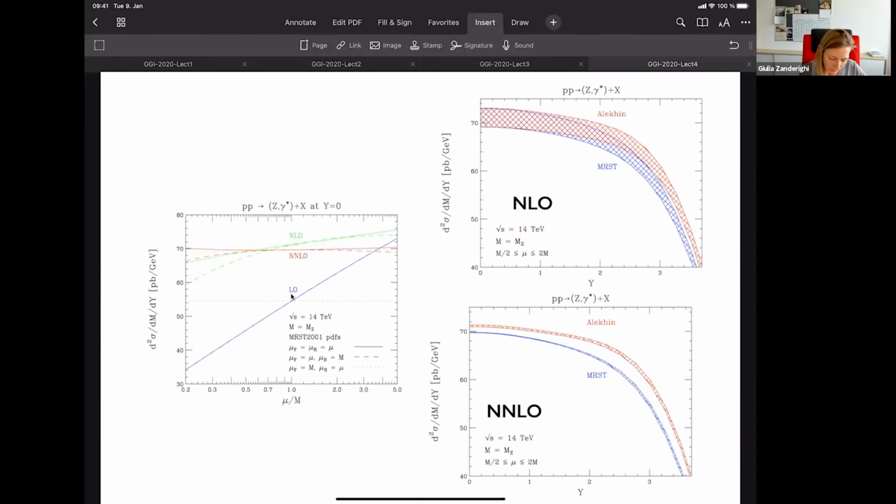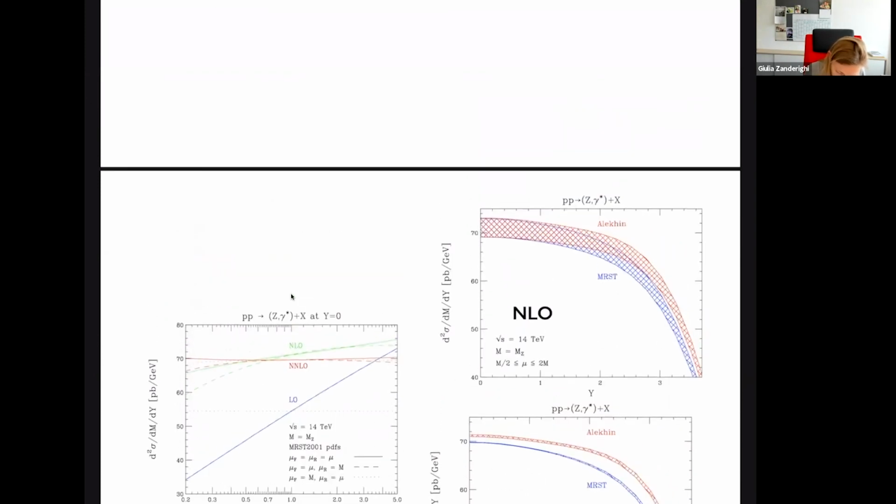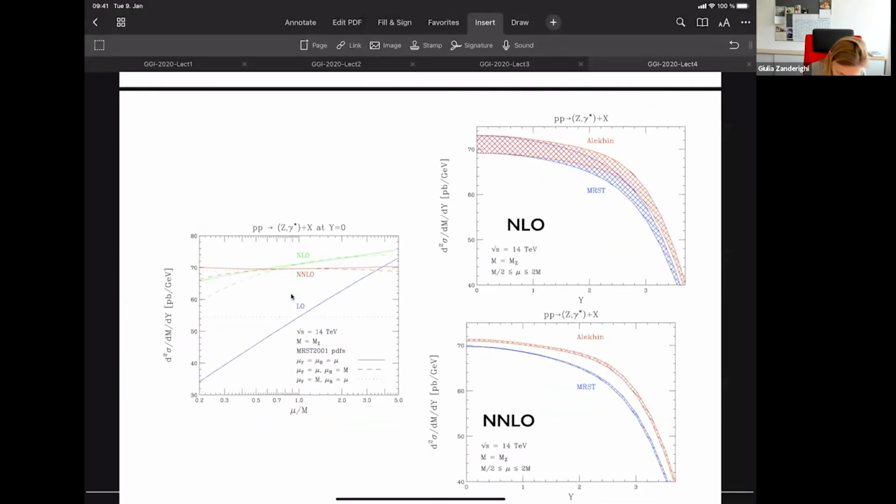So you see very clearly this complete reduction of scale uncertainty, right? Again, there are also different continuous lines or dash-dot and so on, where you can vary the scales together or not, but you see this beautiful reduction.